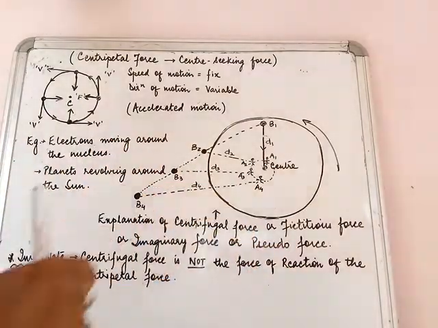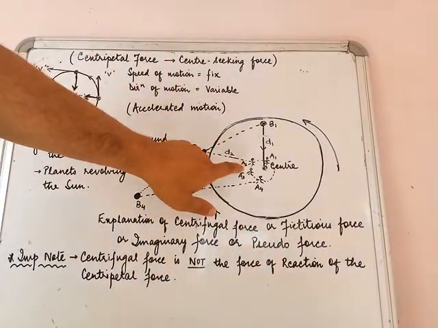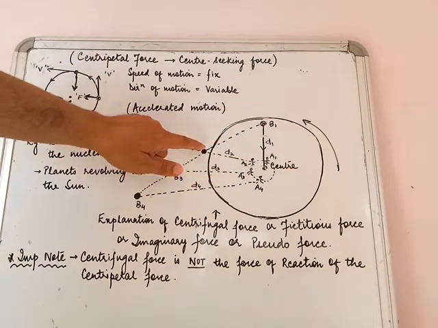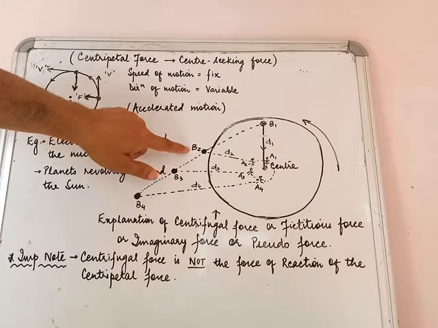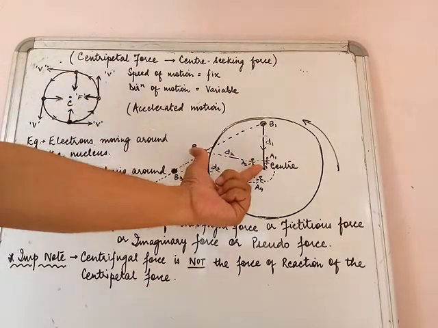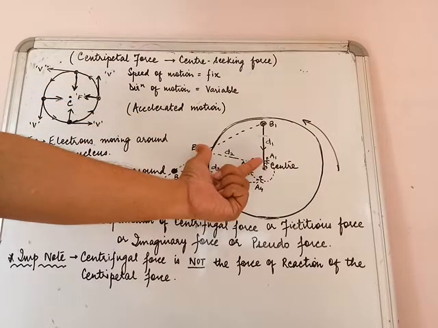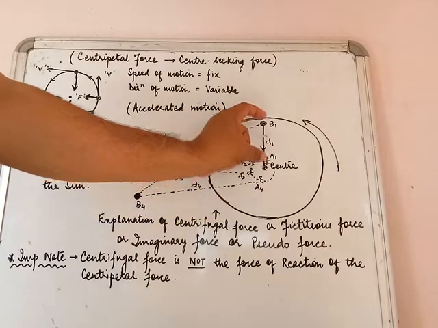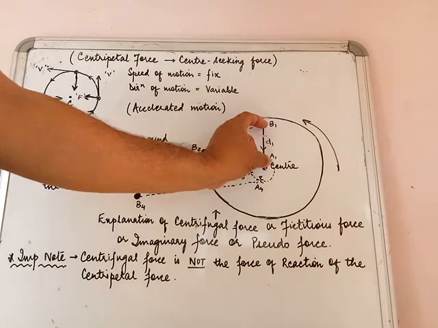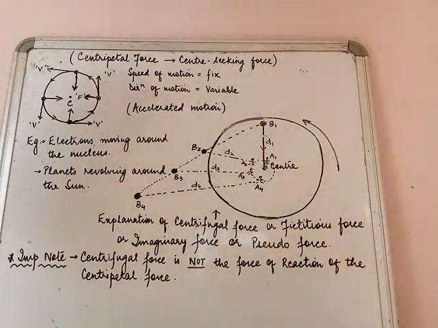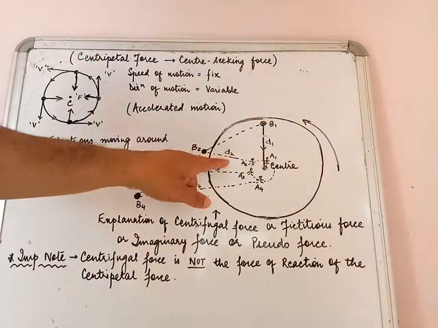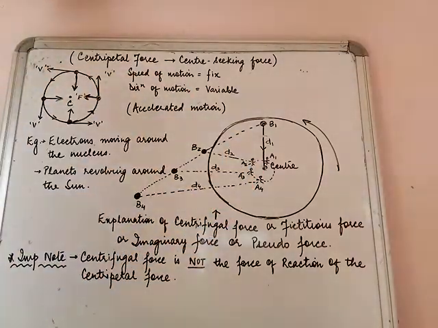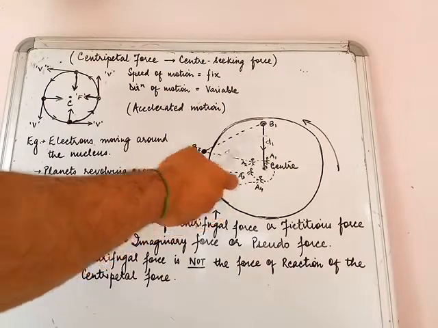But where does the ball go? Now this particular person observes that the ball has moved to a second position B2 over here. If you observe carefully from the diagram, you will find that the distance D2 between the ball and the person is different from the distance D1 in the first position, okay.